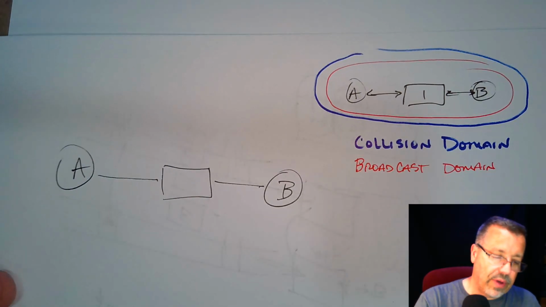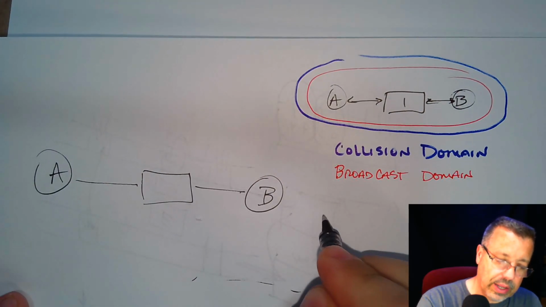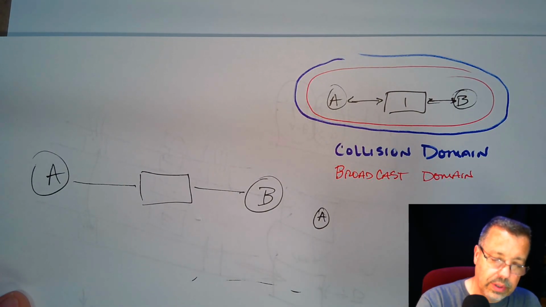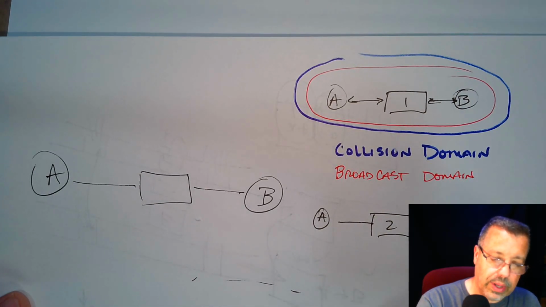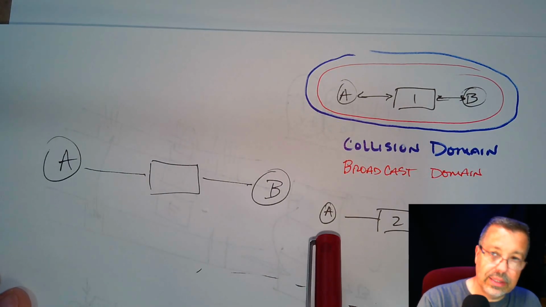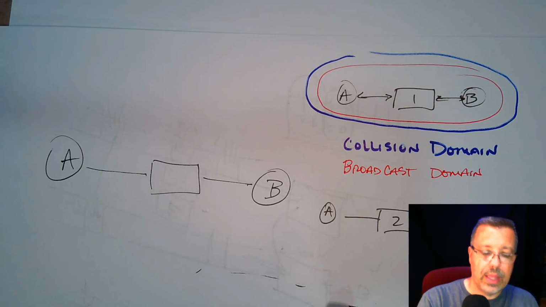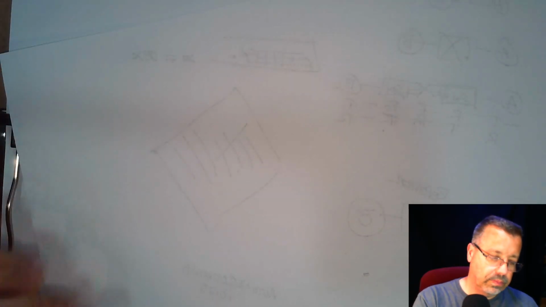Now, if I put a layer 2 device here, that potentially could change. So I'll draw that out, A, B, and I put a layer 2 device in the middle, and we have that connected. Now, if somebody in A sends a message to somebody in A, and I guess we have to back up. In order to understand this, we kind of have to walk through this.